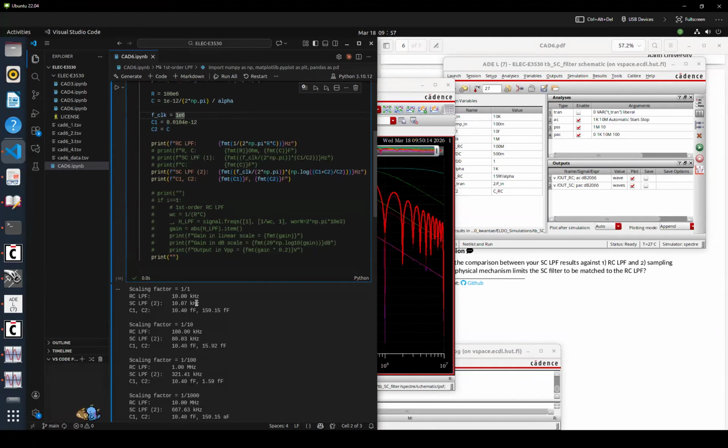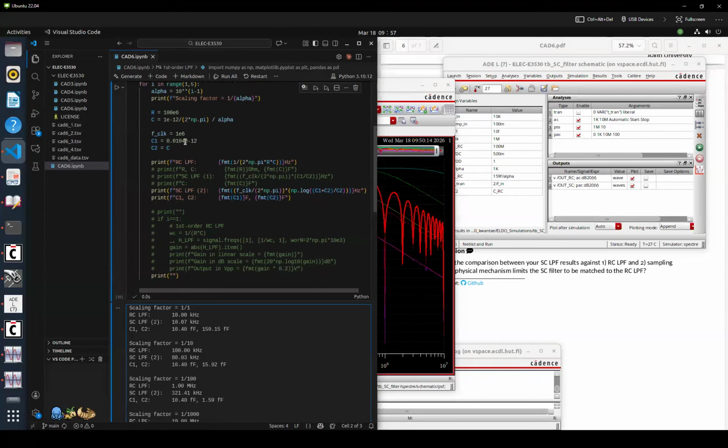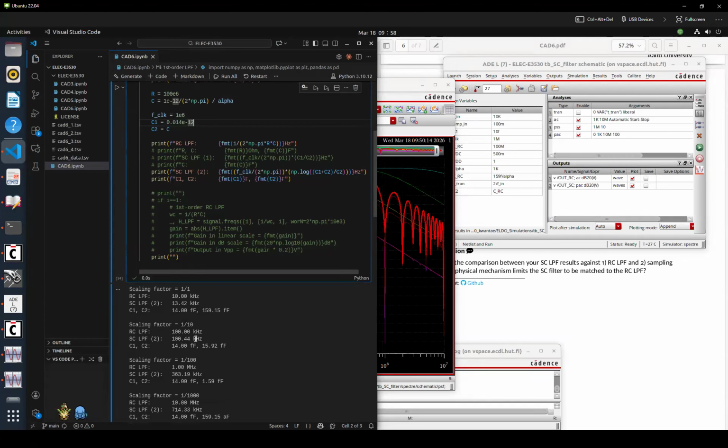Then we can align this 10 kilohertz, right? But we have verified already in the previous RC low pass filter equation 1 that it matches quite well. So let me try to align this one, 80 kilohertz. In this case, let me see. Let me go back to here and maybe increase this. Okay, nice. Then you can see that 100 kilohertz is quite nicely aligned.